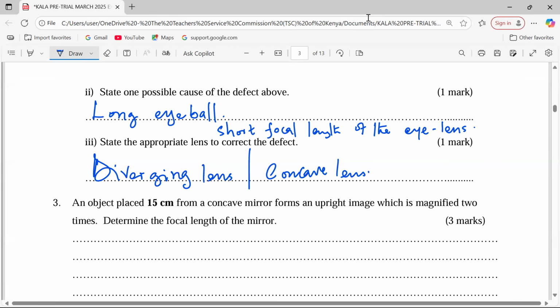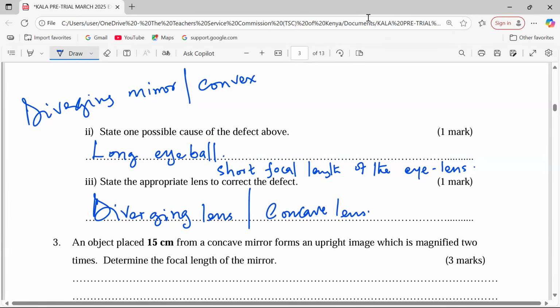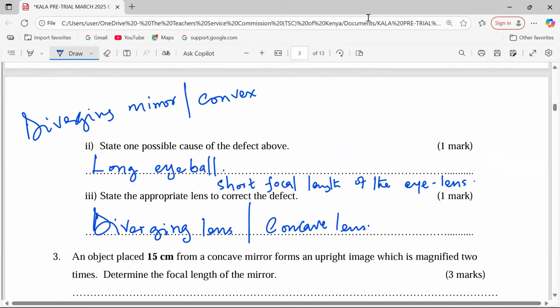In form 2, a diverging curved mirror is called a convex mirror, but a diverging lens is a concave lens. A converging lens is called convex, but a converging mirror is called a concave mirror. So let's master that slight difference.